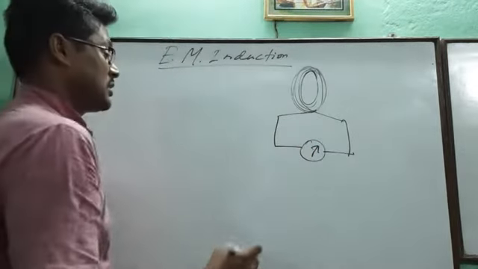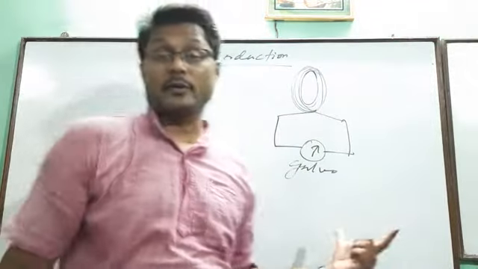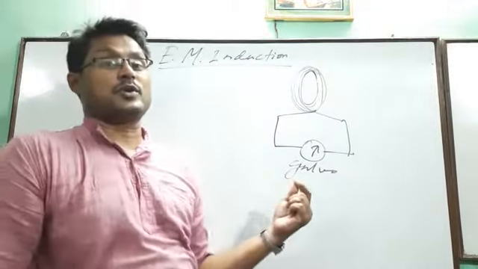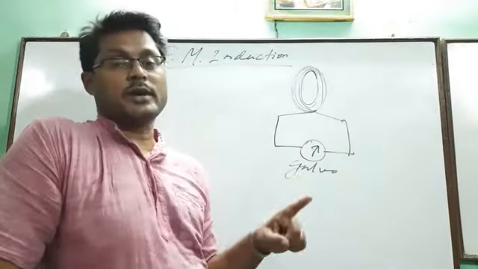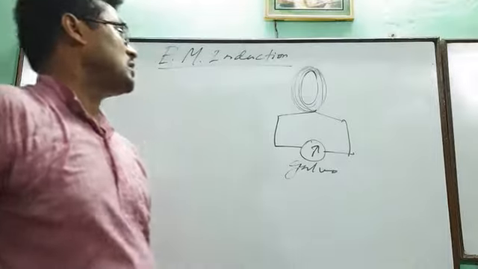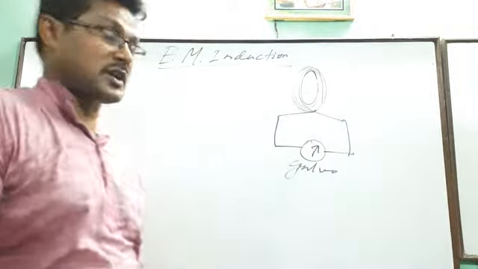This is a very sensitive galvanometer; whenever any current is produced, even a very small amount, it will deflect. This is a closed circuit, because the two ends are connected.